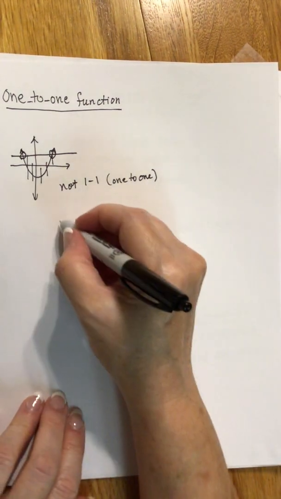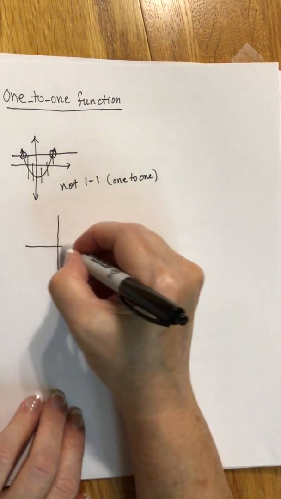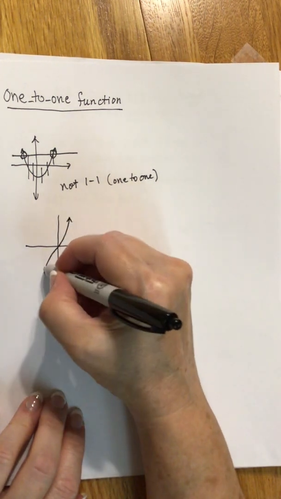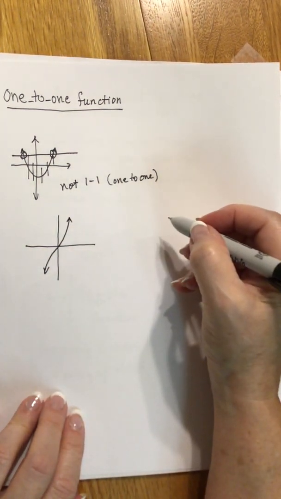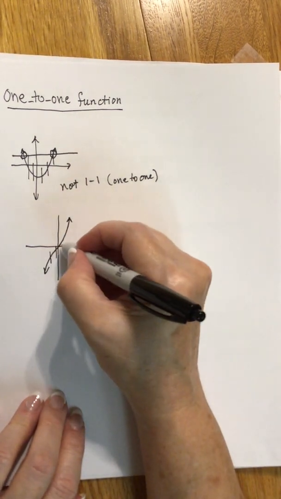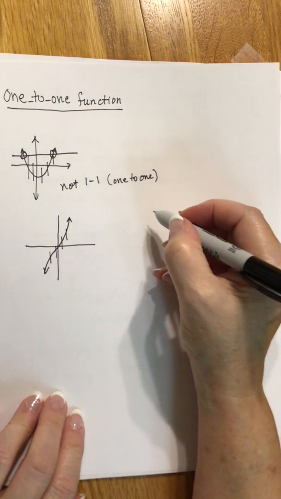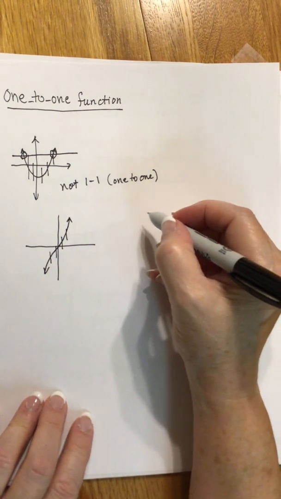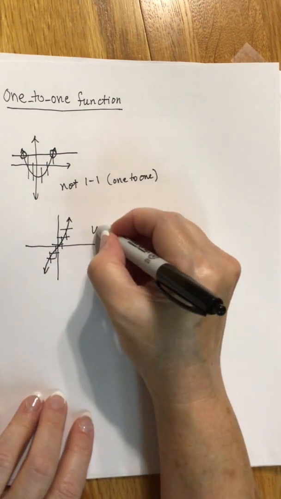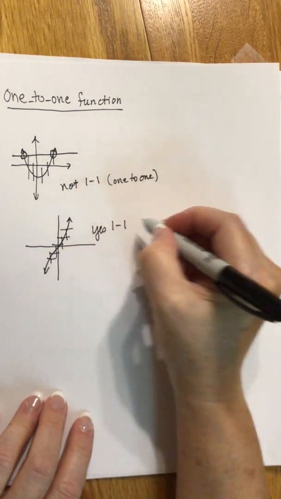All right, let's try another one. So if I give you a picture that looks like this, is that going to be one-to-one? Well, it passes the vertical bar test, but does it pass the horizontal bar test? So in this case, yes, it is one-to-one.